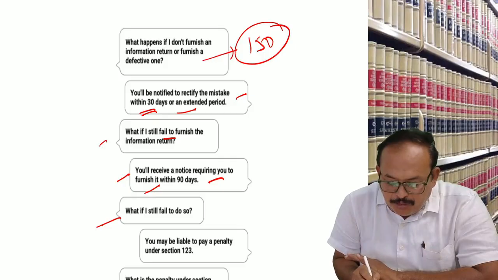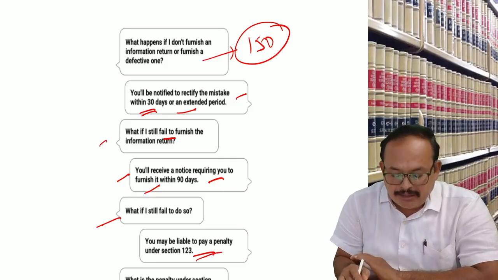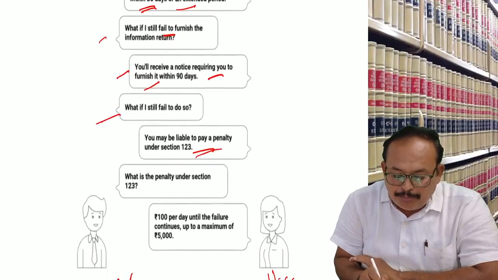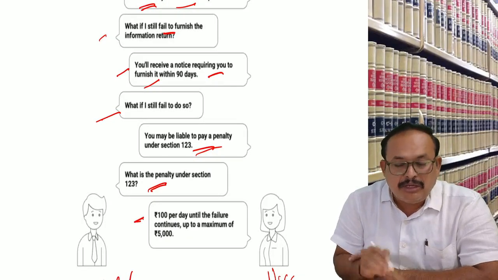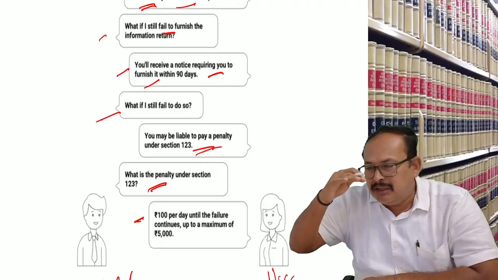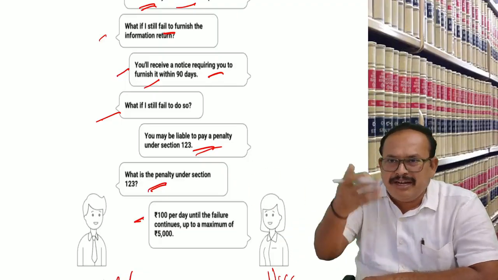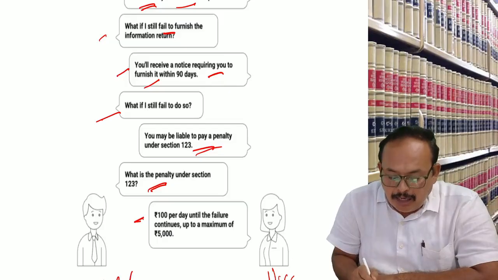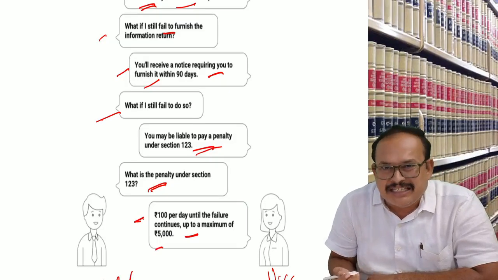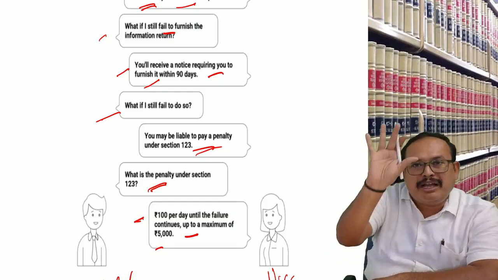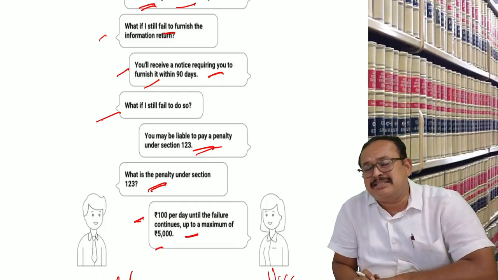You may be liable to a penalty under section 123. What is the penalty? Rupees 100 per day of delay, for each day the failure continues after 90 days only, up to a maximum of rupees 5,000, whichever is less. So maximum rupees 5,000 as per CGST, and 5,000 as per SGST.